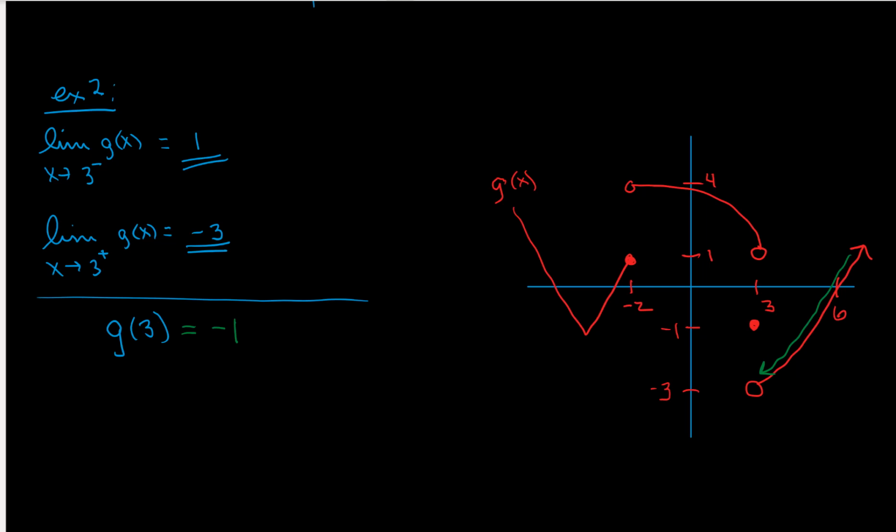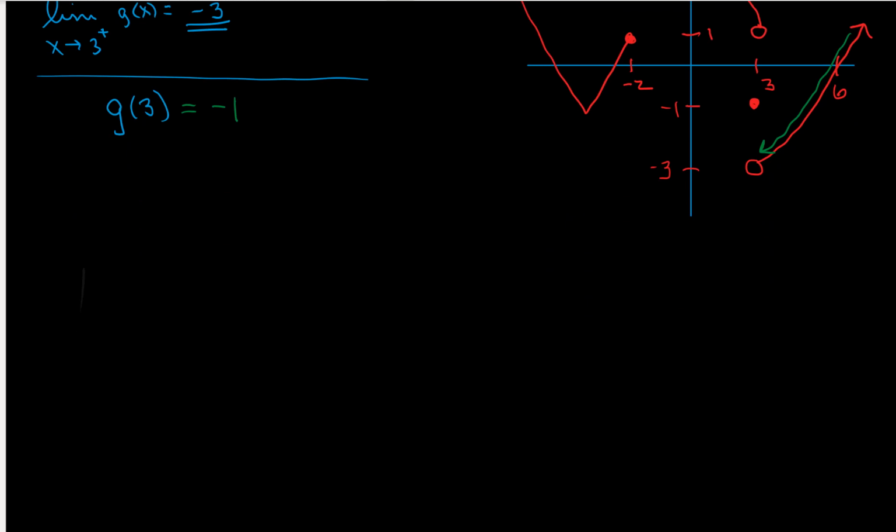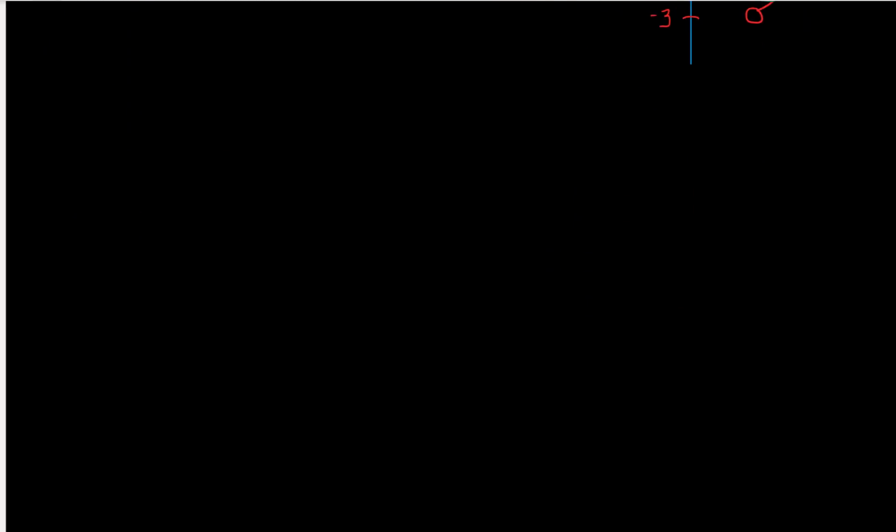I'm going to draw one more here for you, and we'll see what happens. Okay, so example 3. Let's say we have g of x is equal to, and it's going to be a piecewise function.